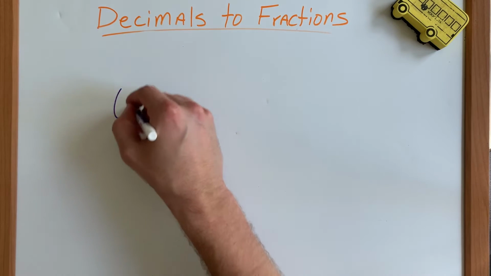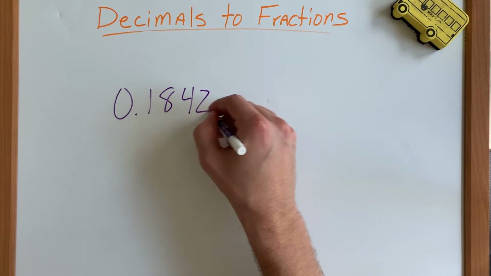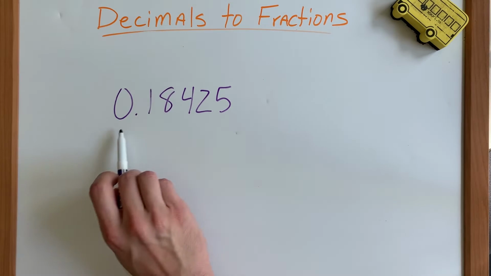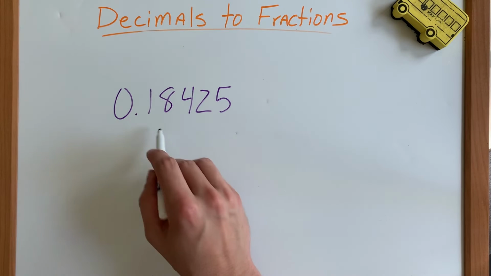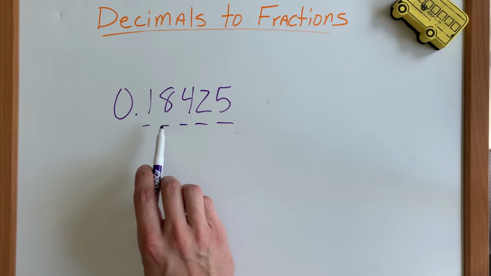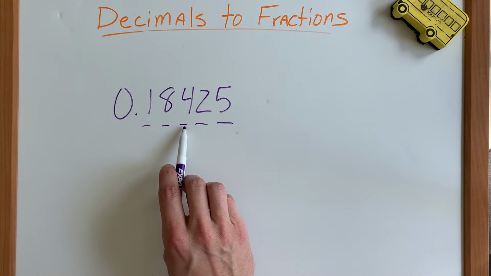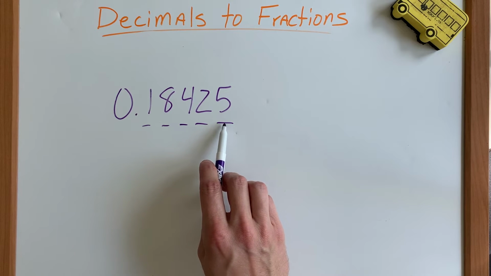Let's go ahead and try an even longer decimal. How about 0.18425? We're going to do the same thing and identify the place values: tenths, hundredths, thousandths, 10,000ths, and 100,000ths.